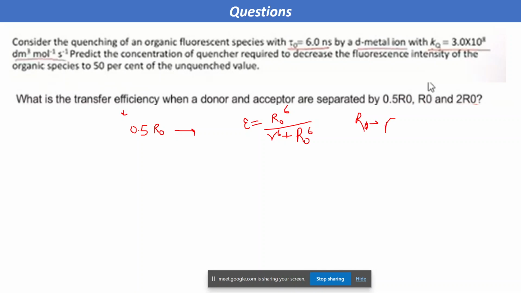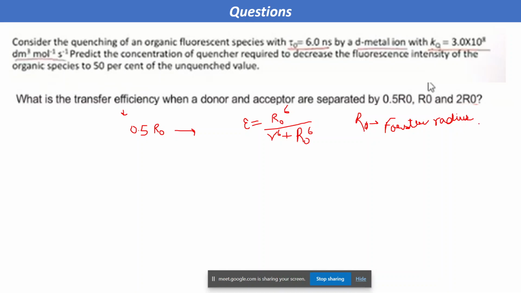And what do you mean by Foster radius? Distance between the donor and the receptor, that is R. That is this small r. That is the distance between donor and receptor.